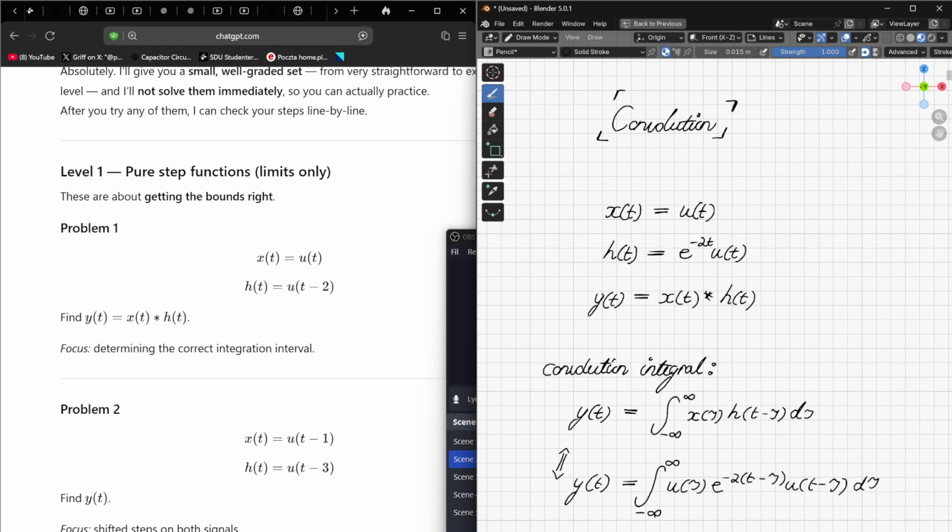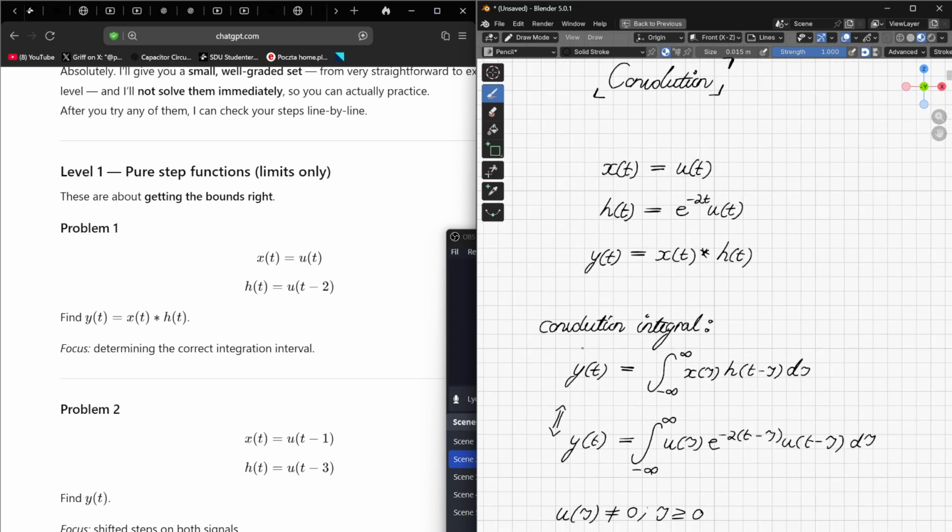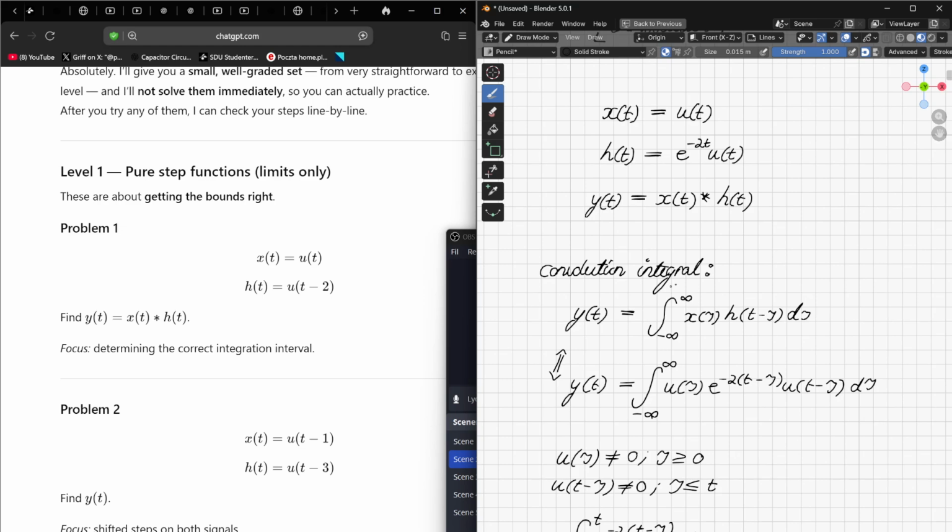So basically with convolution we want to find the third function, which is y of t, which is the convolution of x of t on h of t. And this is the convolution integral here. So this is just by definition, and the limits are usually at minus infinity to infinity, so it's an integral sign here, and we're using tau as a dummy variable to work out the causality limits.